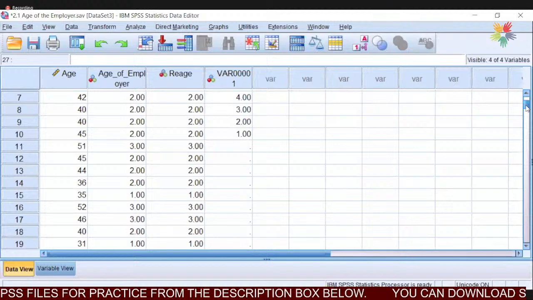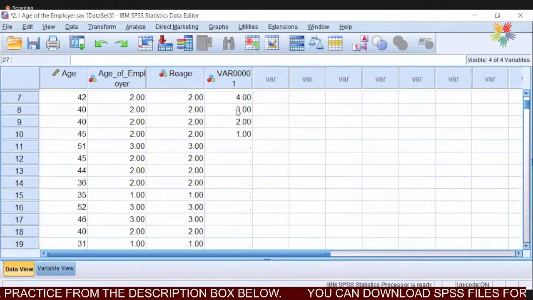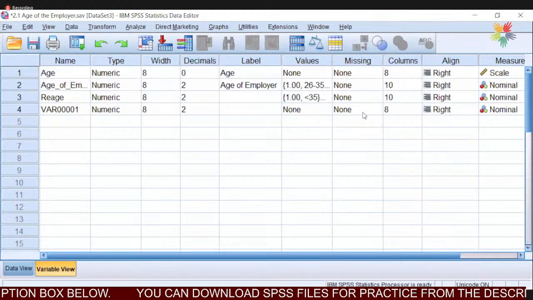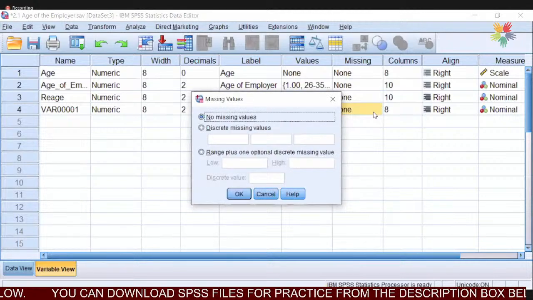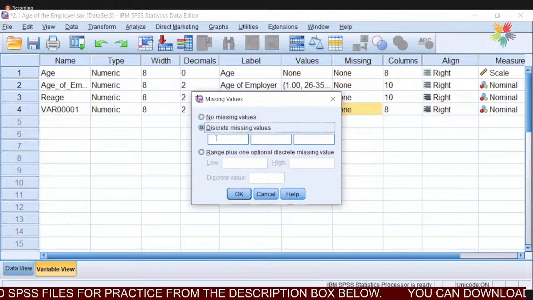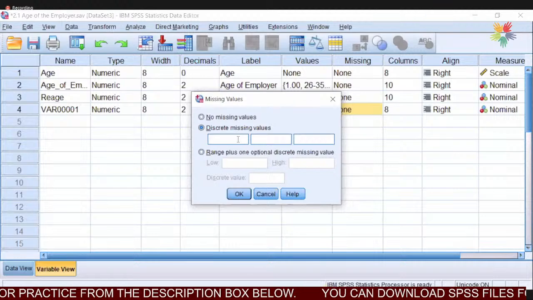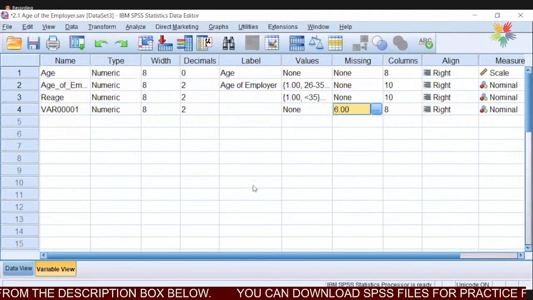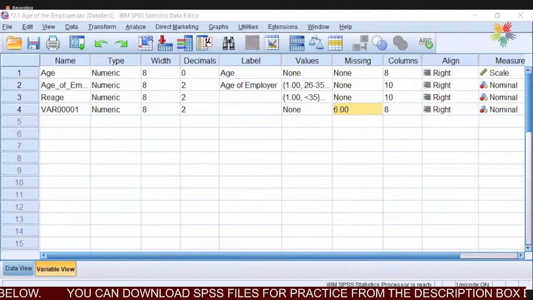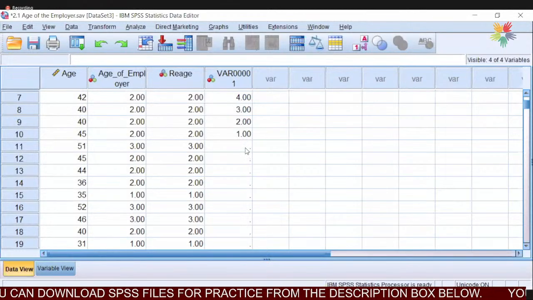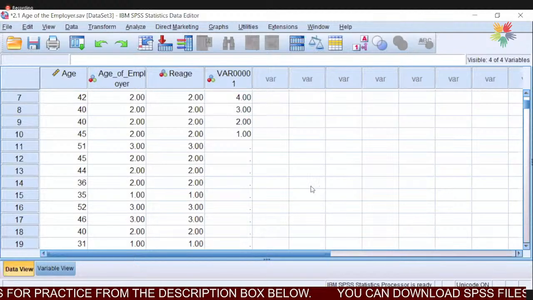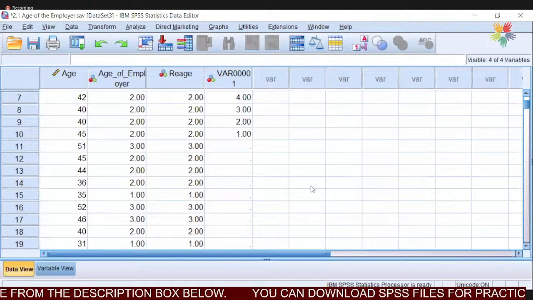Here, in Variable View, there is also a Missing column. I already got values up to 5, so if I put 6 here, all those will be treated as missing values. You can put 6 or 7, 8, which means three values.